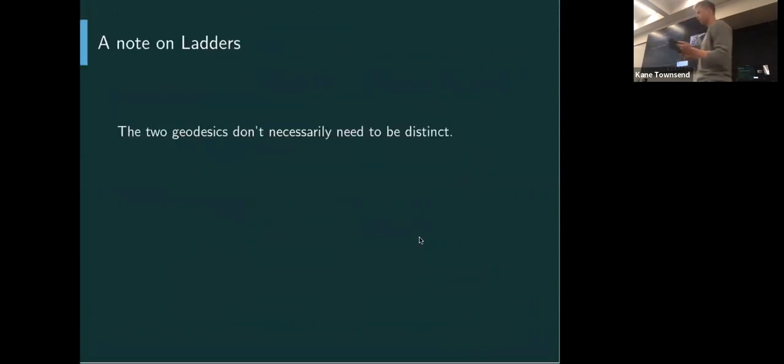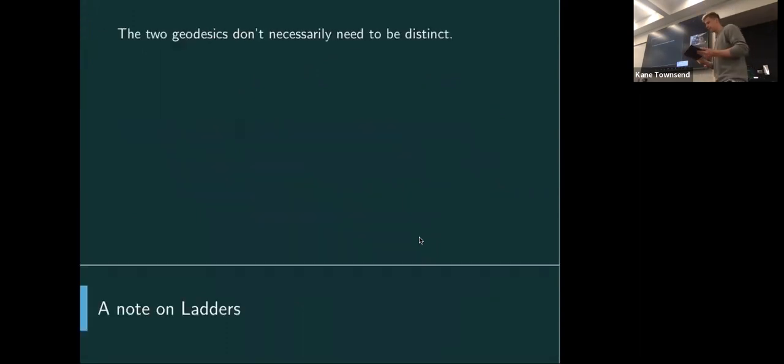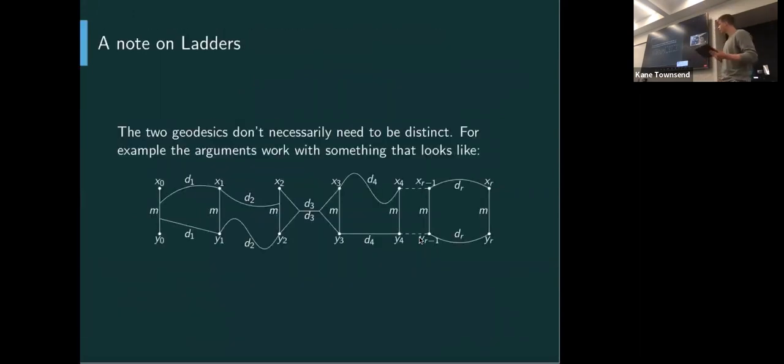I just wanted to clarify something about these ladders. These statements are slightly more general, so the two geodesics don't necessarily have to be distinct. They can look something more weird like this.